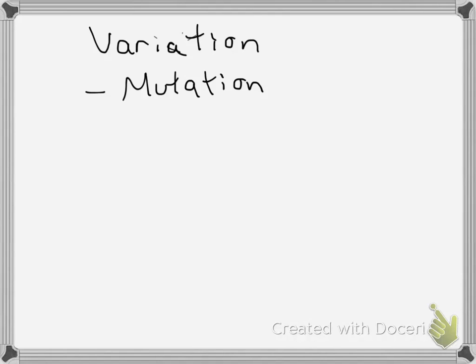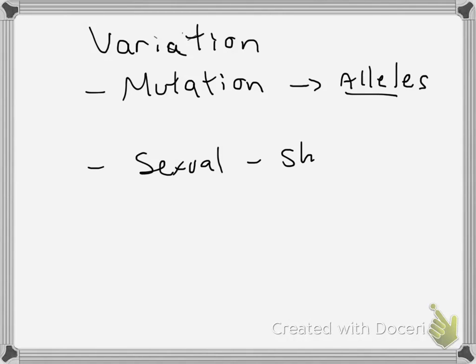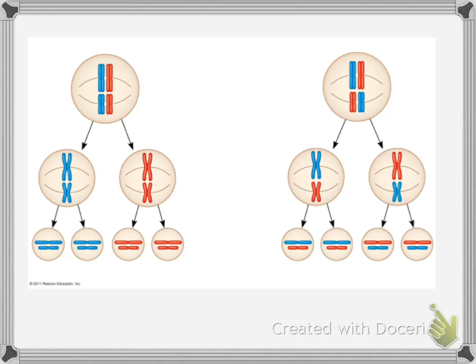Then sexual reproduction allows us to shuffle up the alleles and make new combinations of alleles. So let's look at this.